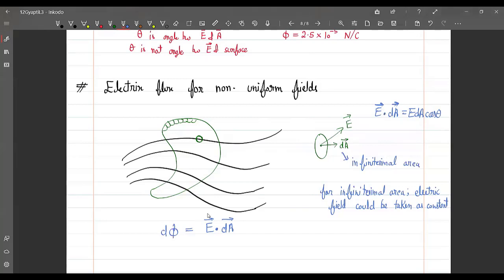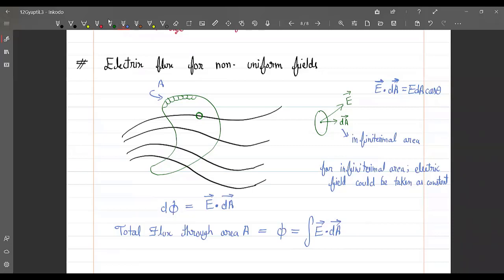Yes. Okay. Now, if you want to calculate total flux through this region, total flux through area A. Now, area A has a random shape. It is not a very good shape, but luckily we have a tool in hand that is called integration, and we can calculate total flux through this area by integrating this value E dot dA.